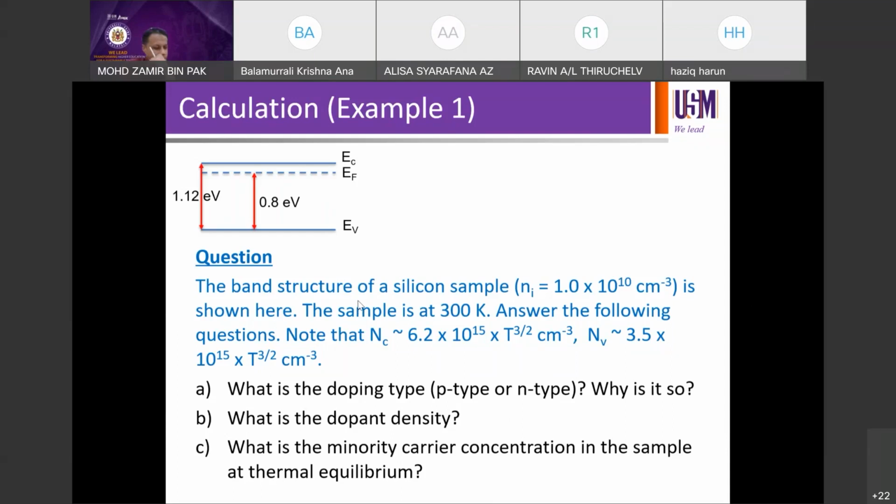Why majority carriers? Any reason? How about others? Why majority carriers? Zohan, majority or minority, and why? Okay, Zohan said majority. Why majority, Zohan? Can you unmute yourself? Why majority? No one said minority. Why is it majority?